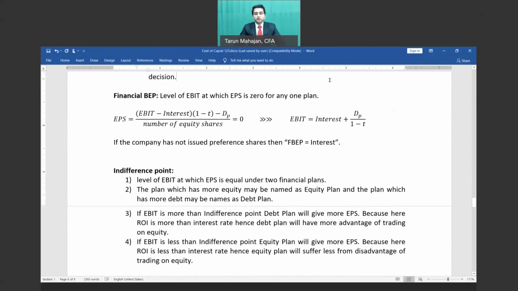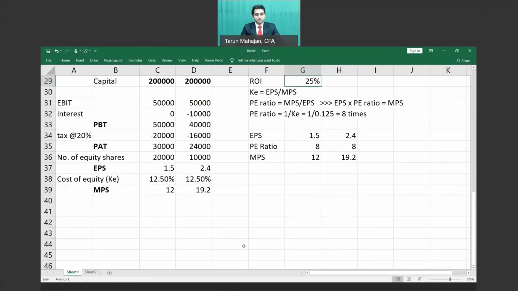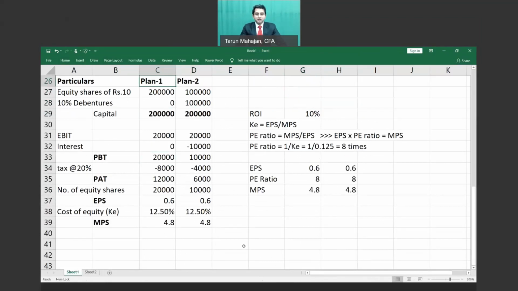What is indifference point? Indifference level of EBIT at which EPS is same under two financial plans. Look here. If EBIT is 20,000 rupees, both the plans have same EPS and you can choose any one of the two plans.